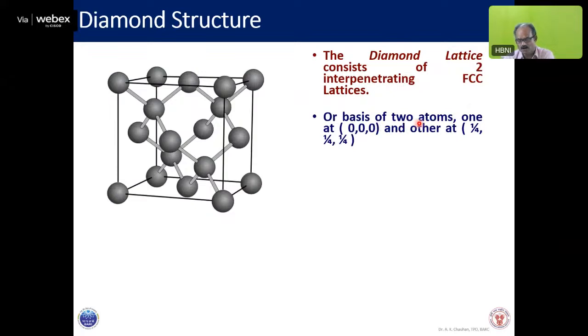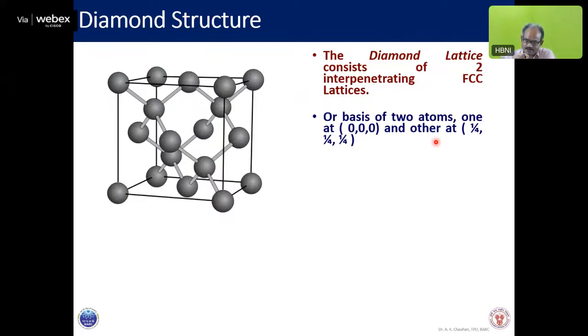The basis, when I say it is an FCC structure, is when there are 8 corner points, and then there are points at each face.